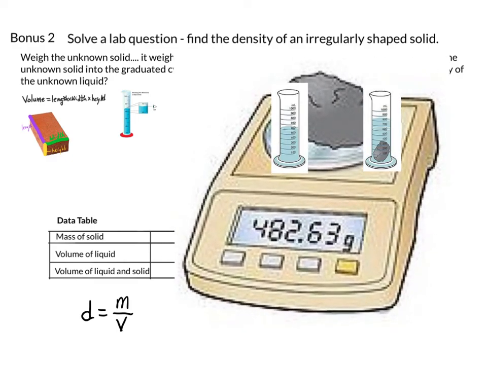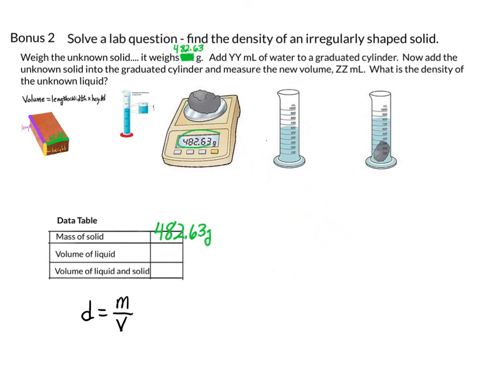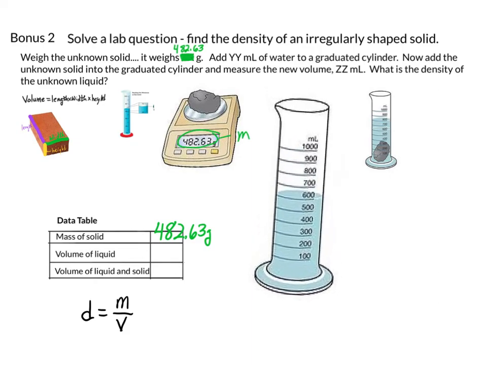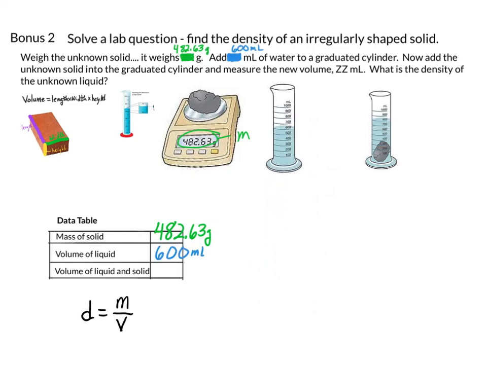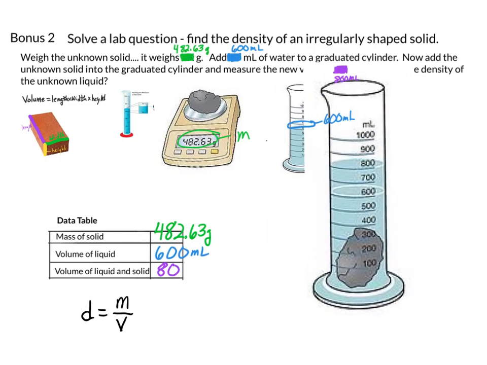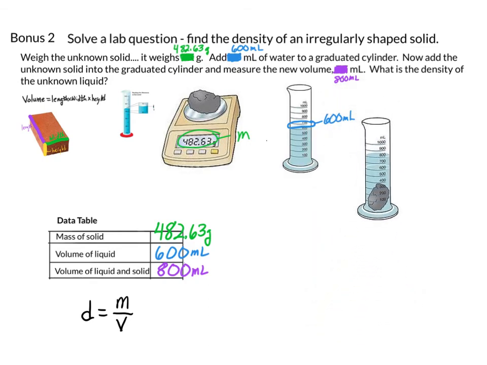Reading from the balance, we see that that is 482.63 grams. Then we're going to read the volume of just the liquid in the graduated cylinder, and that is 600 milliliters. And we'll find the volume of the solid and the liquid in the graduated cylinder, and we can see that that is 800 milliliters.